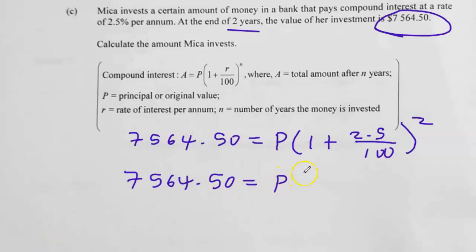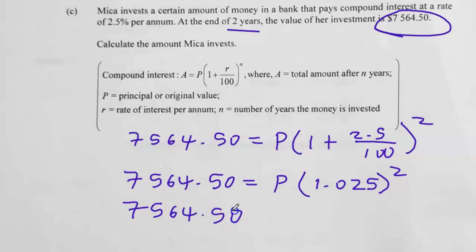So notice in the bracket, this is 1 plus 2.5 over 100. 2.5 over 100, that's what, 0.025. So we add that to 1, that's 1.025 squared.